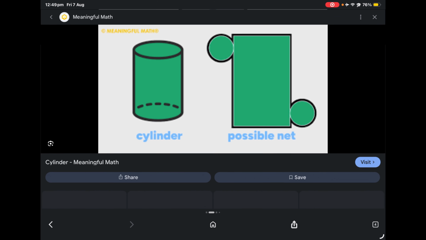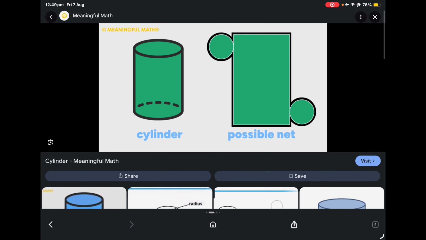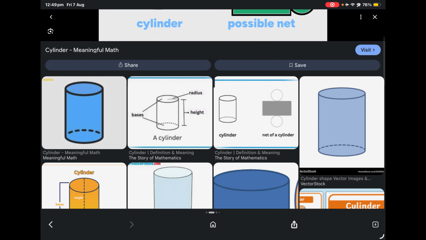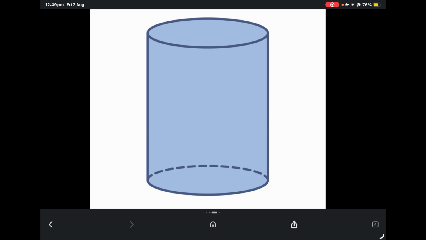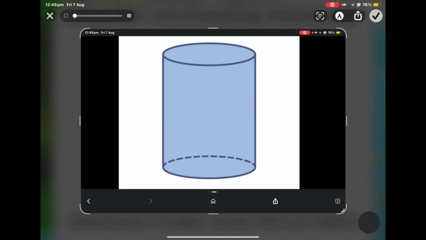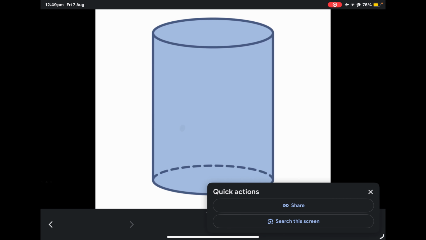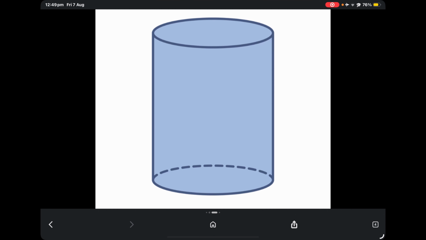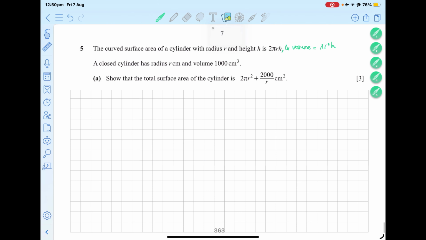So this is the possible net of our cylinder, but let's just stick to this picture right now. Just screenshot that. Should work fine. So let me just put that over here.